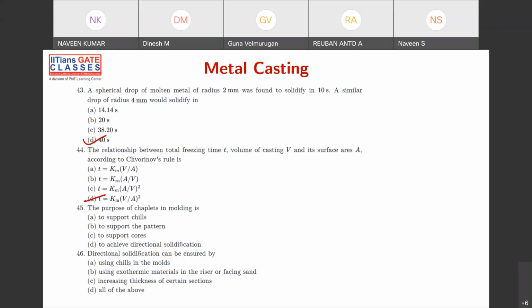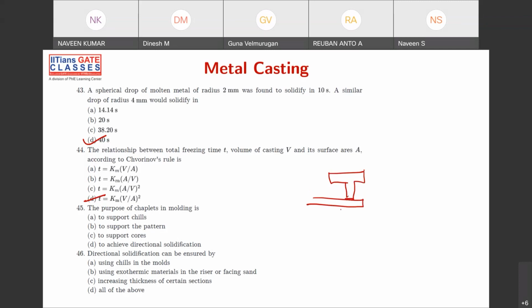We have discussed this thing in the first class. First or yesterday? I think yesterday's class. Chaplets. Where did we use chaplets? Do you remember? Yes or no? When we had a blind hole. We had a blind hole and then we supported the core by using these chaplets, and this was the core like this, right?